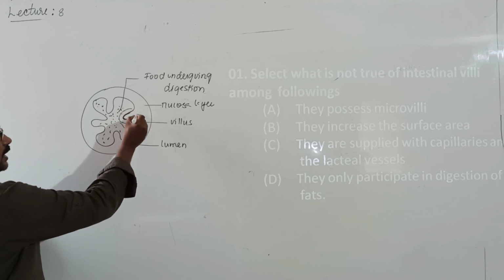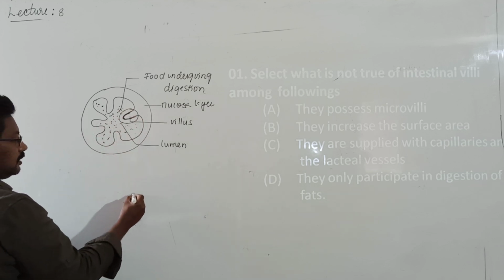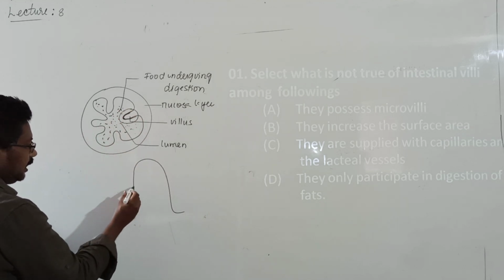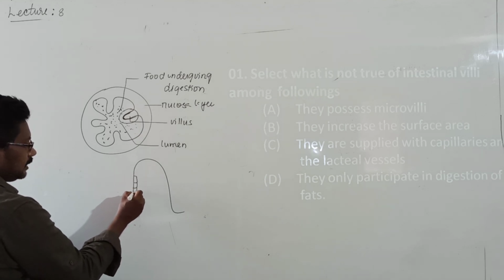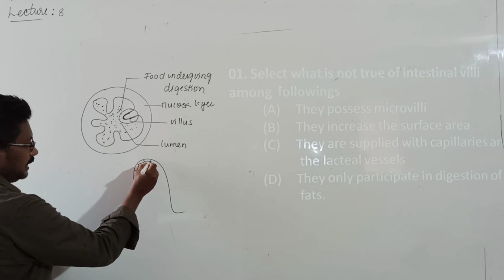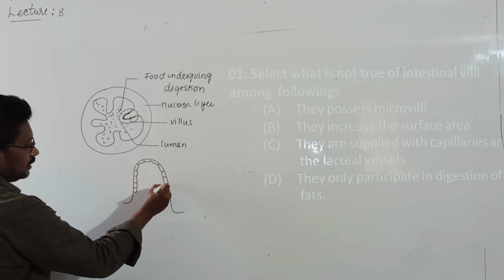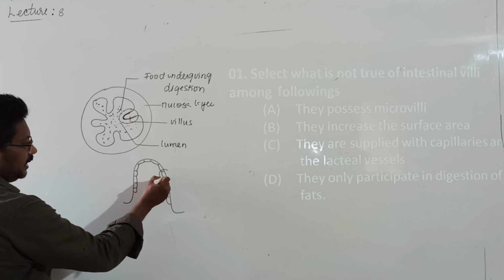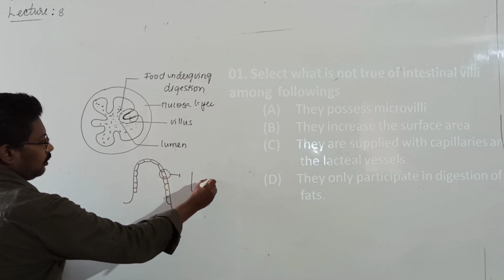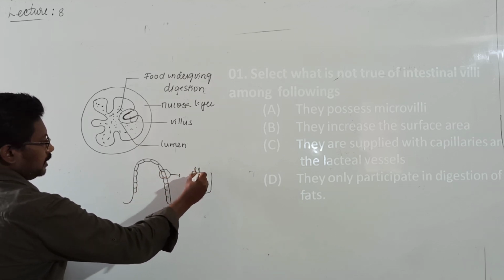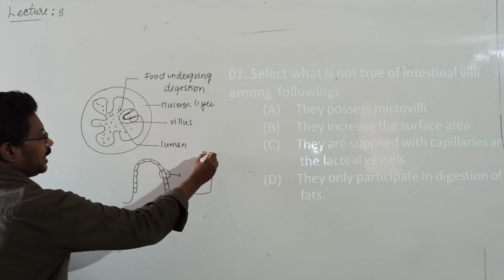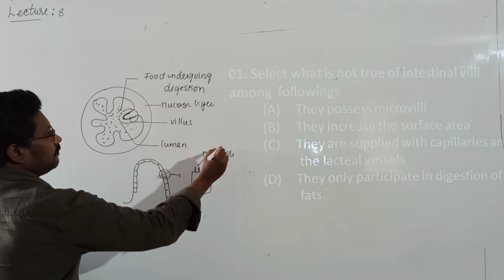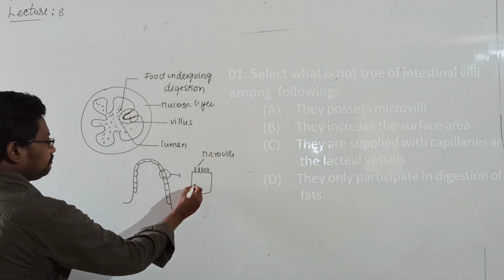So when we magnify this one, okay, you will see it like this, and it has the epithelial cells, and when we look at these epithelial cells, again they also show the protoplasmic projections in this way, and we call them the microvilli. Right?